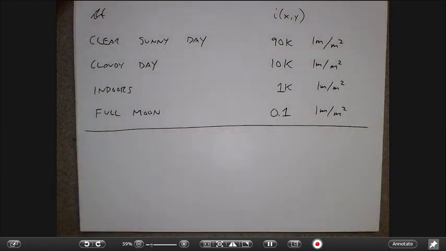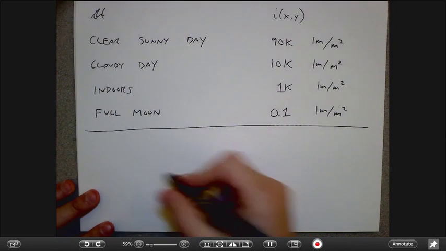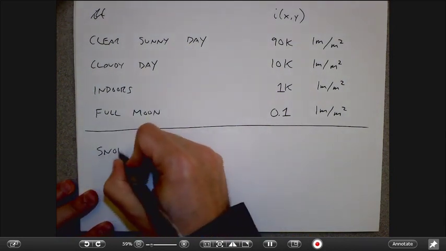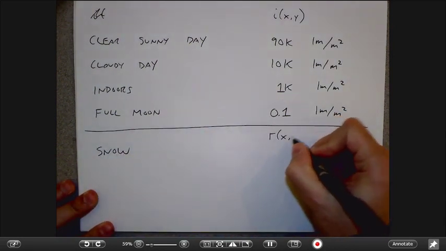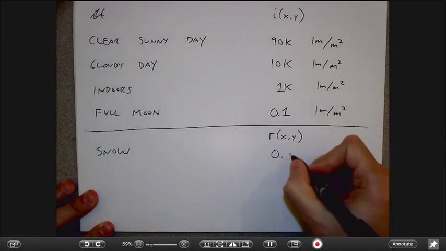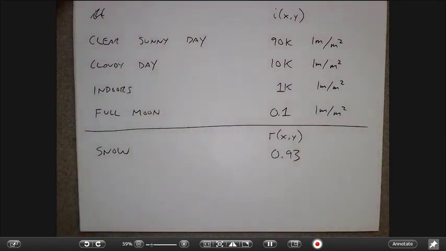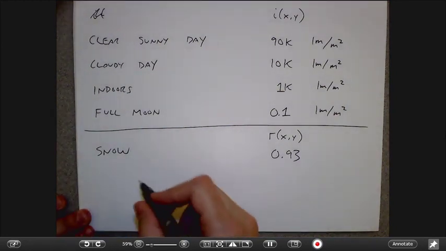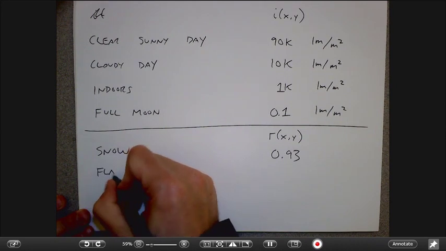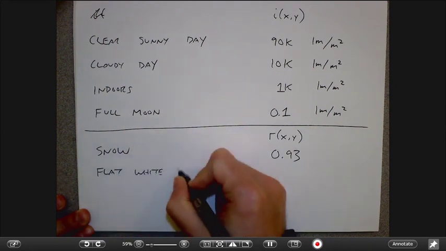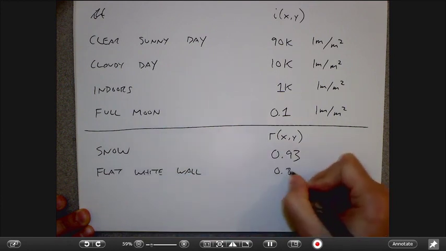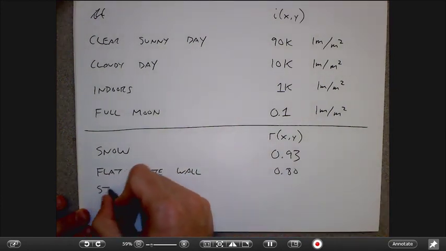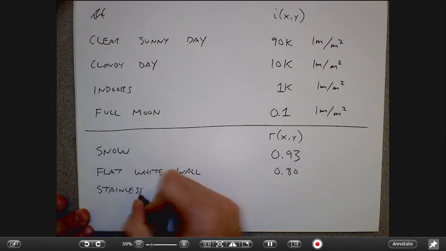And then in terms of how reflective objects can be, that's a number between 0 and 1 that says how much of the incoming light is bounced back to your eye. For example, we all know about snow. Snow is about as reflective as you can get, so much light is reflected back from the snow into your eyes. A flat white wall, like the ones in this room, probably has a reflectivity of about 0.8.